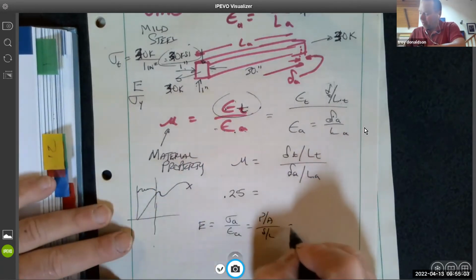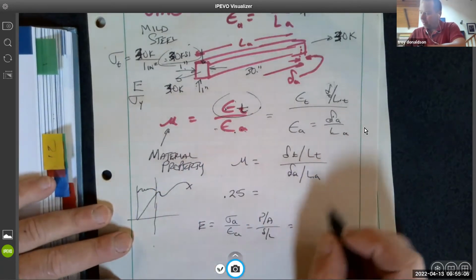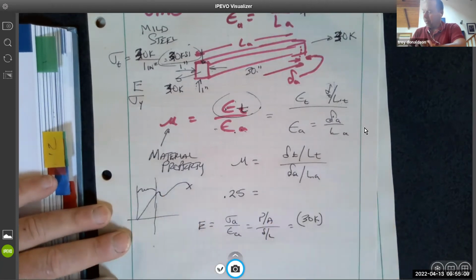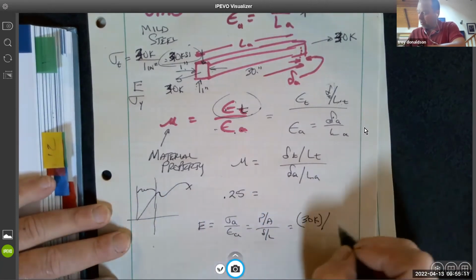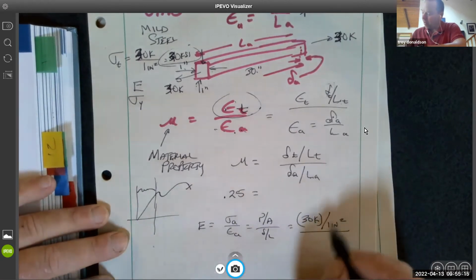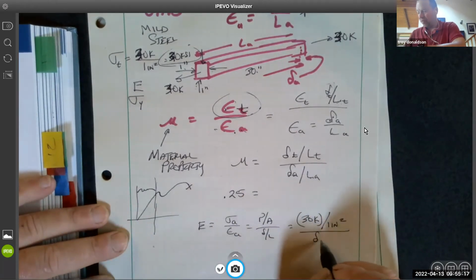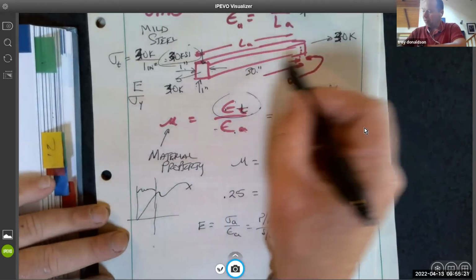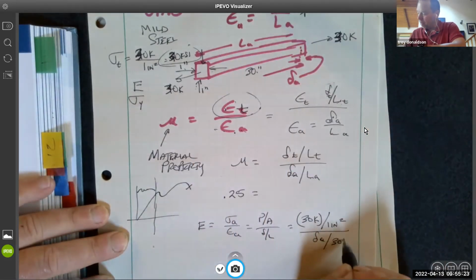Well, I should be able to do that, right? P is 30K. A is, and I'm dividing by 1 inch squared. That's on top. Delta is, don't know that one. And original length along the axis is 30 inches.